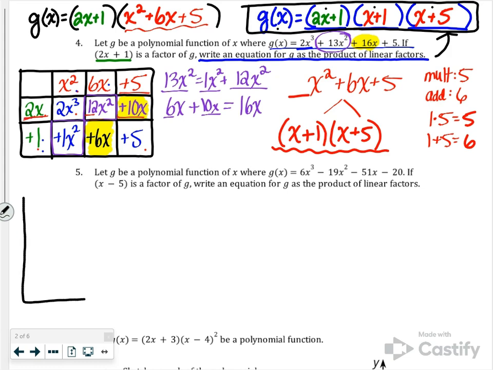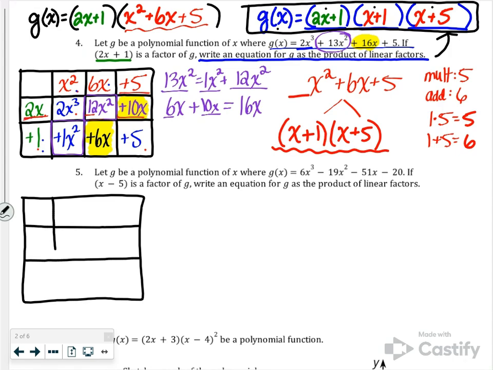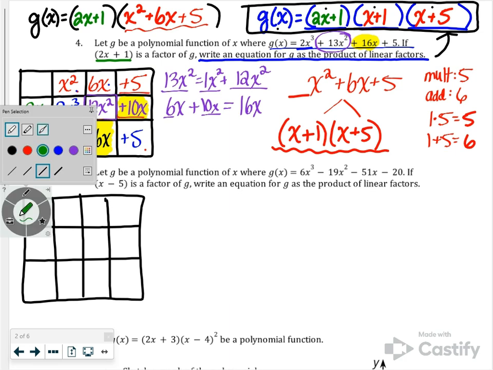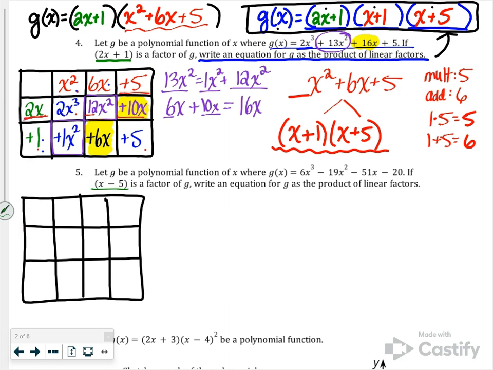We are going to set up a division box. And we are told that we have a known factor of x minus 5. So how we did this before, we're going to take the x minus 5, put it in the side box. And I also am told that 6x cubed is the leading term.